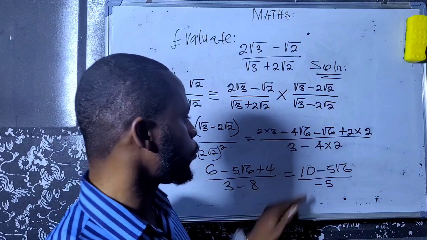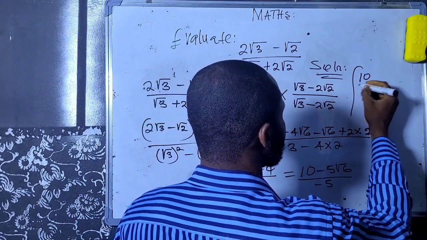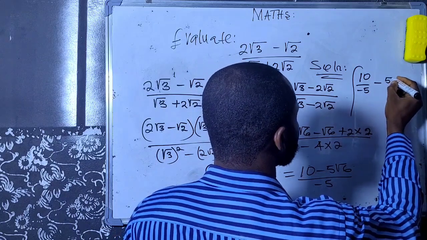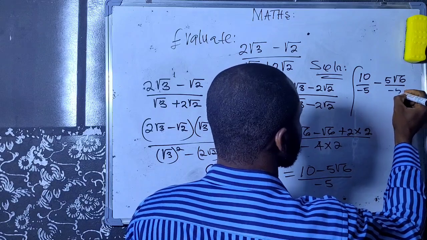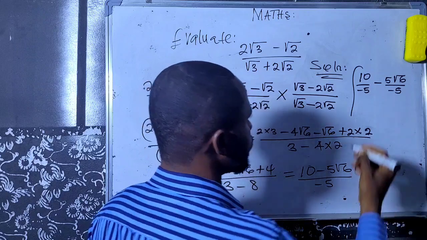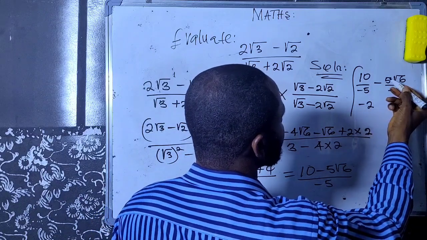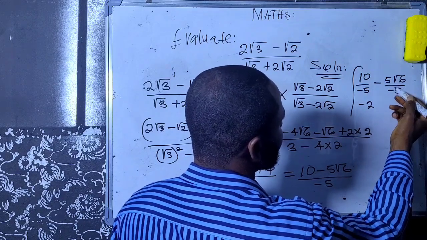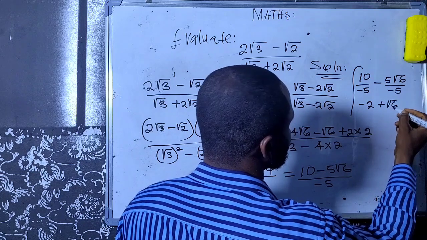Now if we simplify this further, you have 10 divided by minus 5, plus minus 5 root 6 divided by minus 5. Here, 10 divided by minus 5 gives us minus 2. Then minus 5 root 6 divided by minus 5 will give us plus root 6.